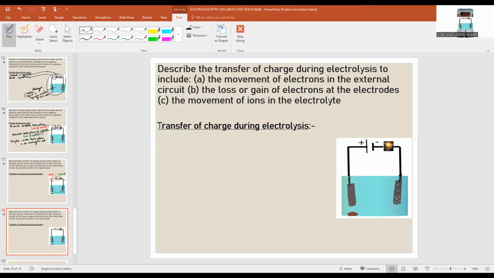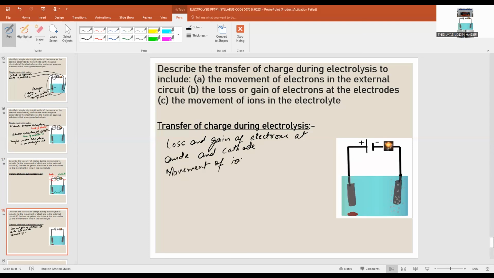So I will write here: loss and gain of electrons at anode and cathode simultaneously, and movement of ions in the electrolyte.